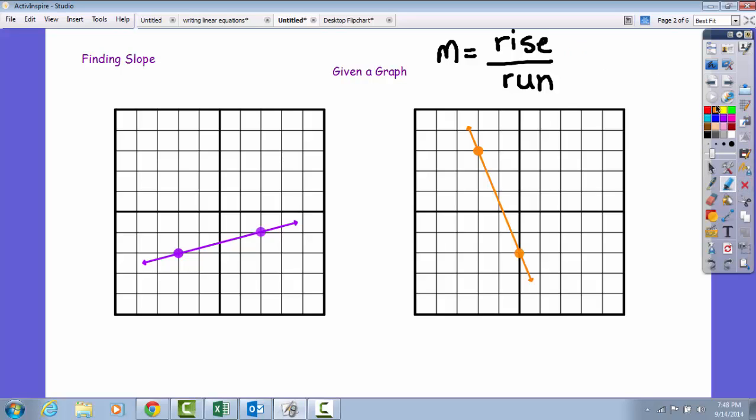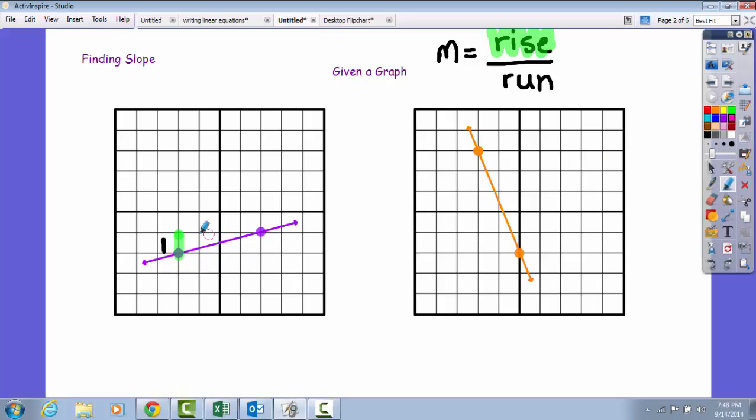On this graph, if I am going to look for the rise of my first graph, I am going to go up or down. From the first point in my graph, I am going to go up, so I'm at the same level as the second ordered pair or second point. I have just risen 1 space, so my rise for this first graph is 1.